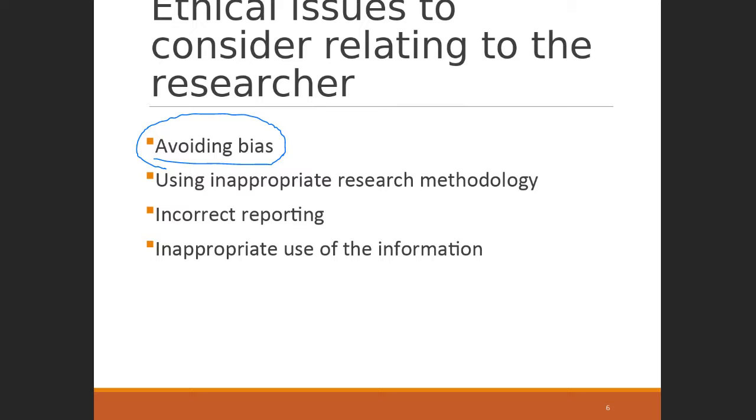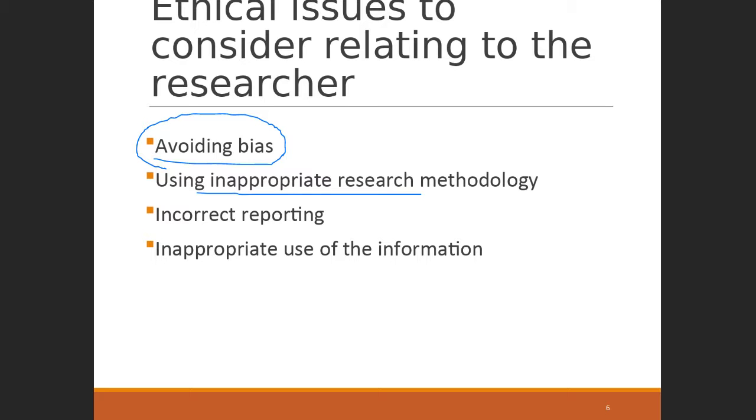Secondly, using inappropriate research methodology. A researcher has an obligation to use appropriate methodology in conducting a study. It is unethical to deliberately use a method or a procedure you know to be inappropriate to prove or disprove something that you want to, such as by selecting a highly biased sample, using an invalid research instrument, or by drawing wrong conclusions from your analysis.